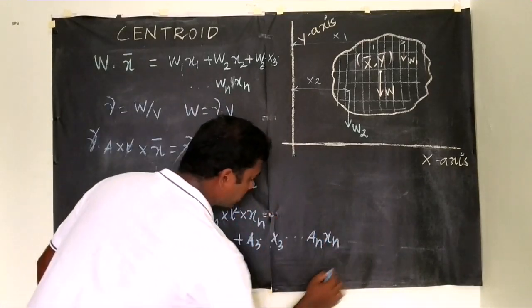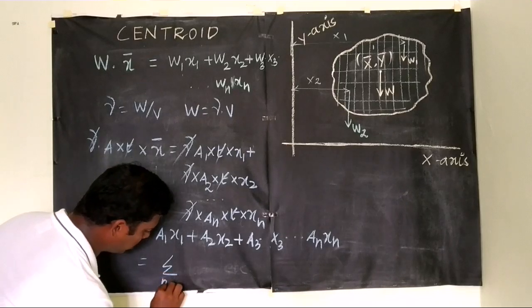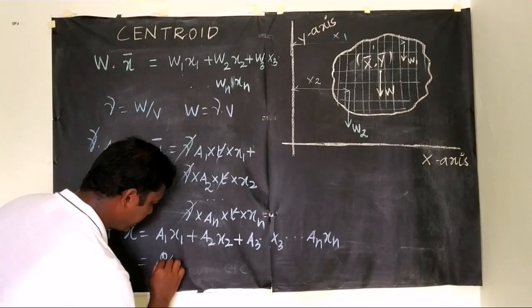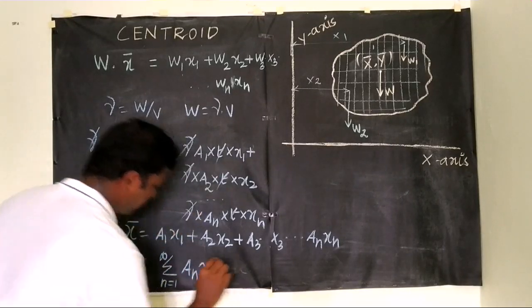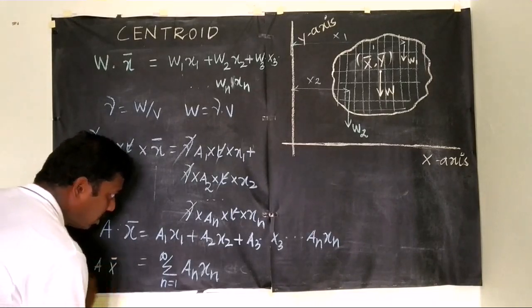So this term will be rewritten as sum of n varies from 1 to infinity, then an xn, equal to a into x bar.